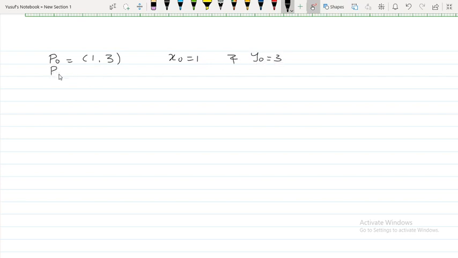The next point given is P1, the first control point, which is 5 comma 6. It means x1 is 5 and y1 is 6. And then the second control point P2 is given, 6 comma 0. It means x2 is 6 and y2 is 0.